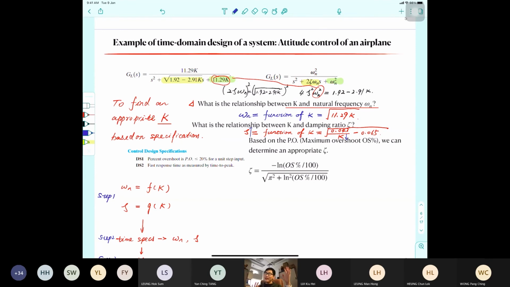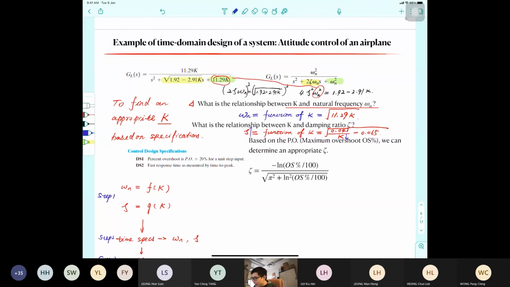It has an inverse or negative proportional relationship, not a proportion, a negative trend, right? So we want a larger zeta, k should be smaller. We want a smaller zeta, k should be larger, right? It is the opposite direction.